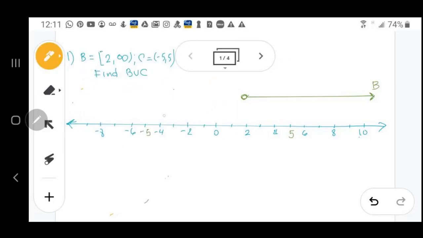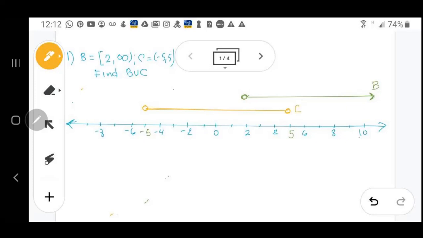I'm going to graph, not on the number line but a little bit below the interval B that I already graphed, the interval C that goes from -5 up to 5. Both extremes are not included because it's using parentheses, indicating that the extremes -5 and 5 are not included. So this will be the interval C, from -5 to 5.